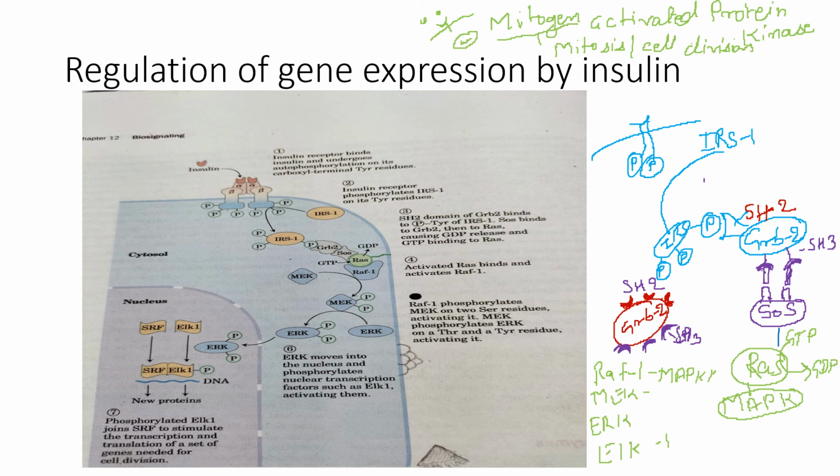RAF comes under protein kinase. MEK comes under mitogen activated protein kinase. ERK comes under kinase. These continuously phosphorylate in this sequence only, and this ERK will reach the nucleus.